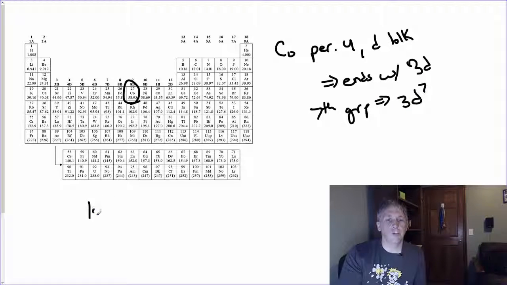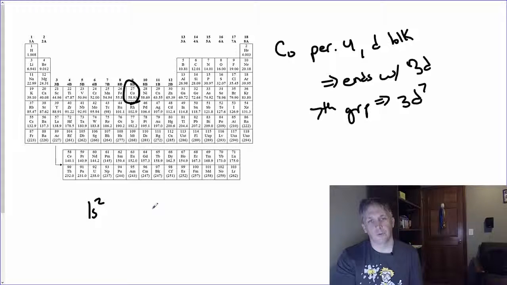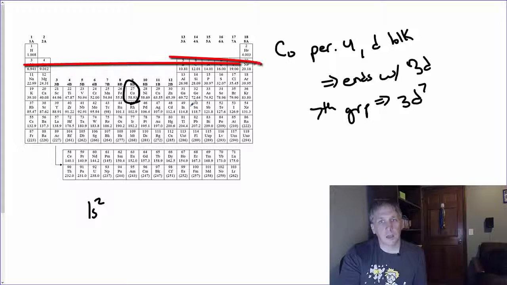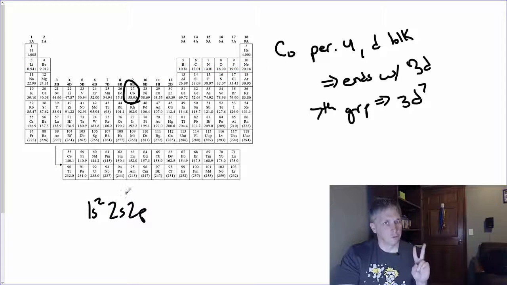So again, the first two always go in 1s. So we're going to start with 1s2, like we always do, except hydrogen. And from there, we just go down the table. So we go through period 2, we're going through the S block and the P block. So it's 2s, 2p. 2 groups in the S block reminds us that it's S2, and 6 in the P block reminds us that it's P6.